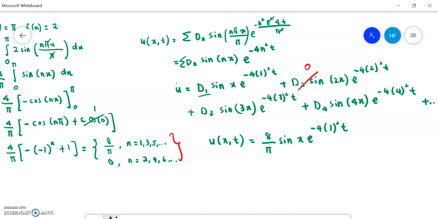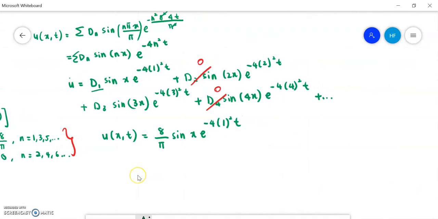And for every even number n, you will get T_n equal to 0. The next one will be T_3, which is 8 over pi sine 3x e to the power of negative 4 times 3 squared t, plus and so on.